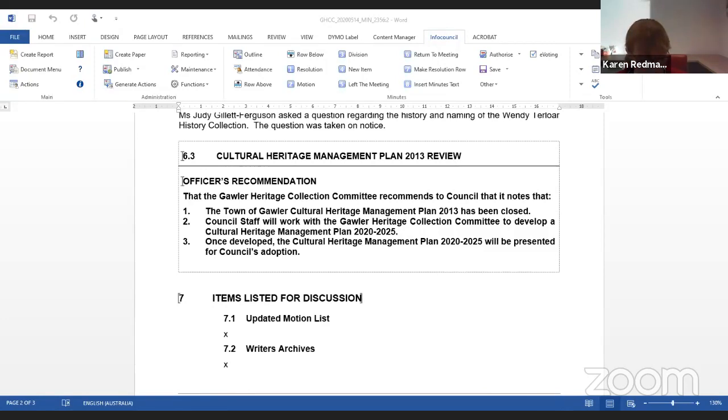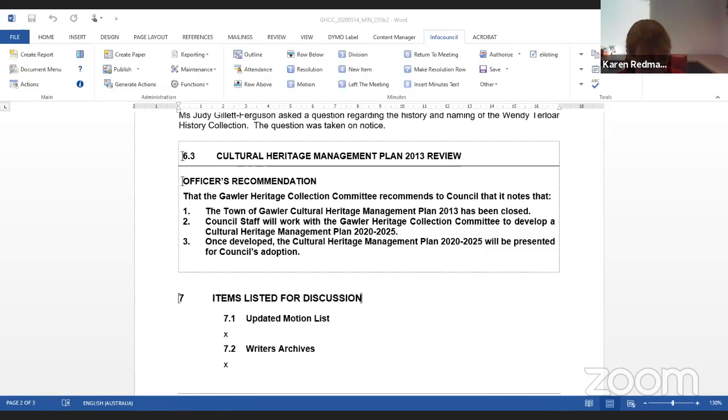I think there are always priorities that get in the way of developing plans, and it could potentially be that we don't have a management plan. I don't believe that we have reconciled all the recommendations that were in this management plan. I think we need to further understand the collection.